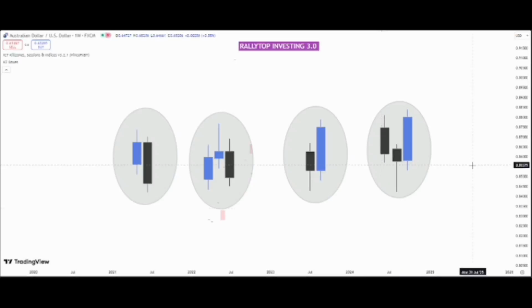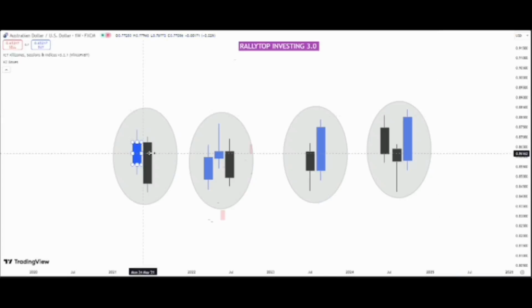So if the past weekly candle is showing me a reversal signal, what I should then do is go to the daily time frame to check for either of these two candlestick patterns that you are seeing here.